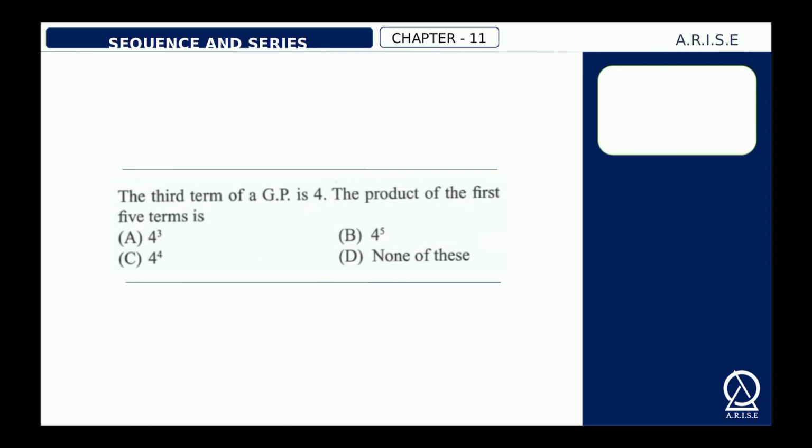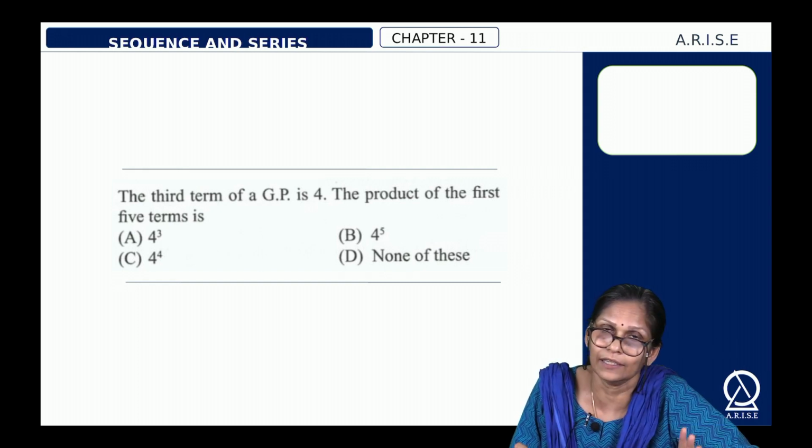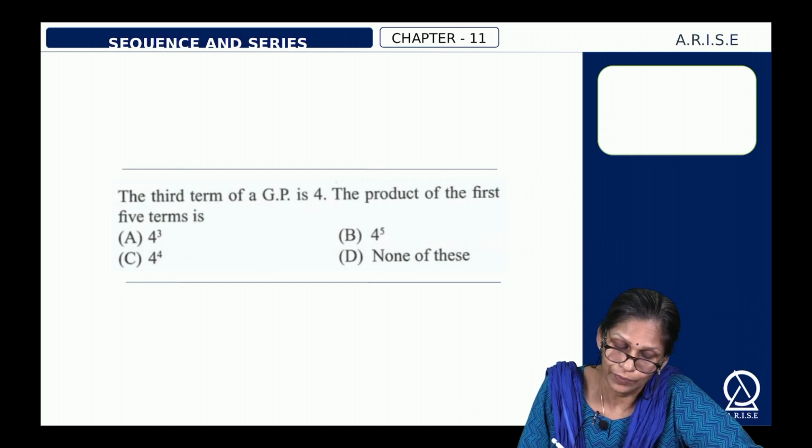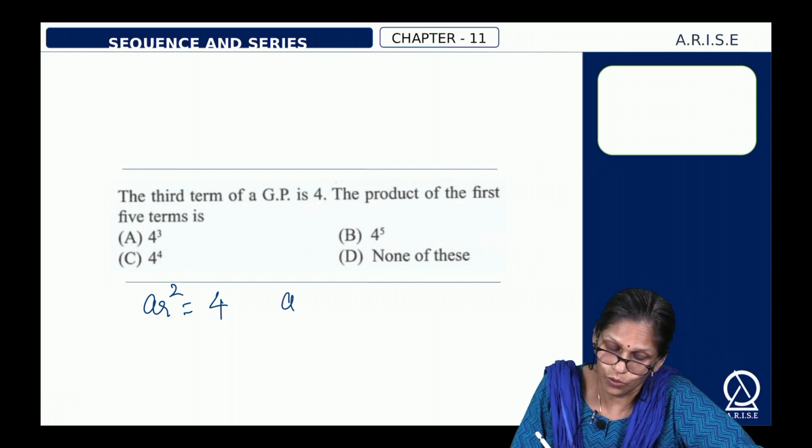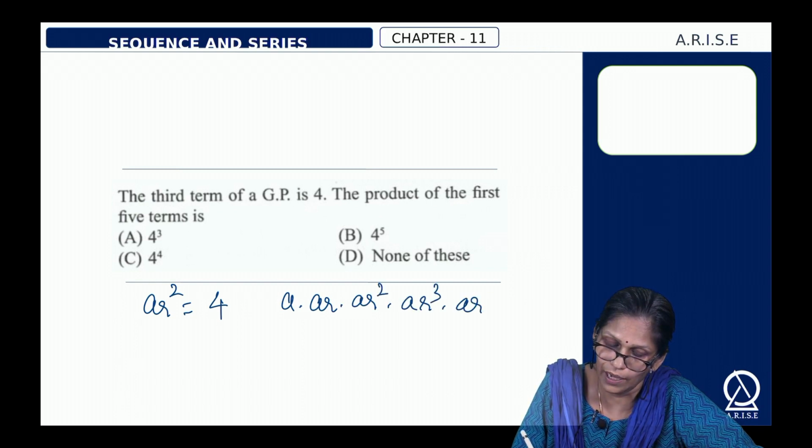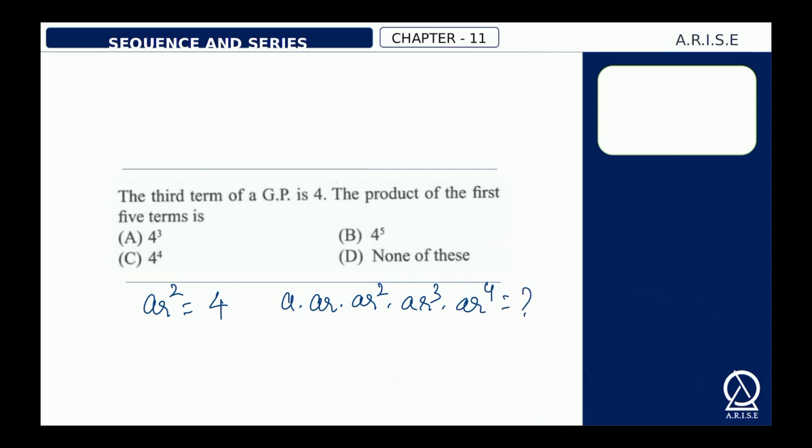Now, the third term of a GP is 4. The product of the first 5 terms is, I will tell you the direct way and the application way. The third term, that is AR squared, is 4. You are asked to find the product of the first 5 terms. So, A into AR into AR squared into AR cubed into AR raised to 4 is what you are asked to find.